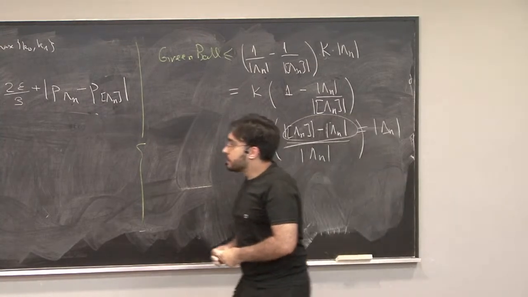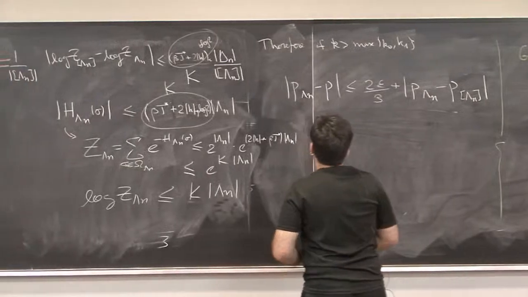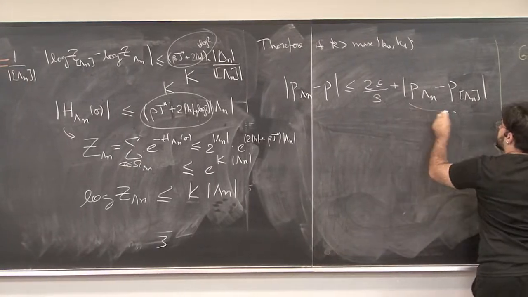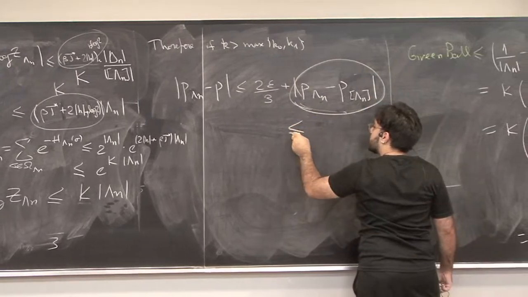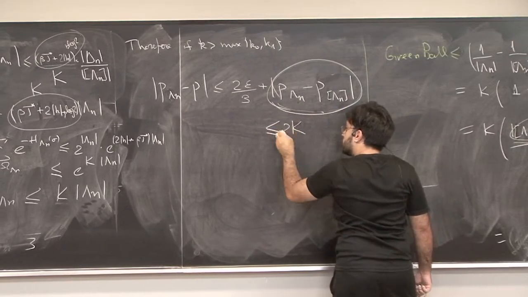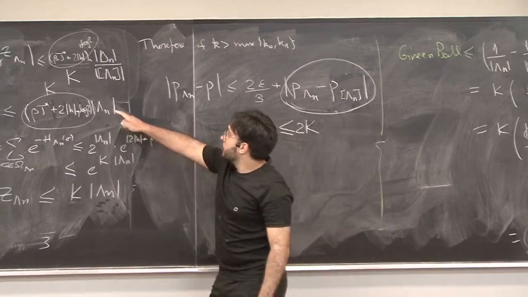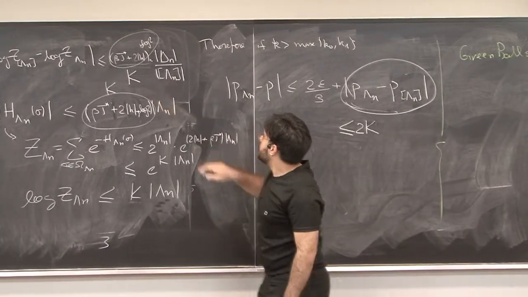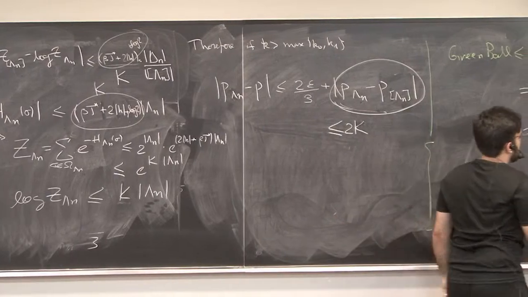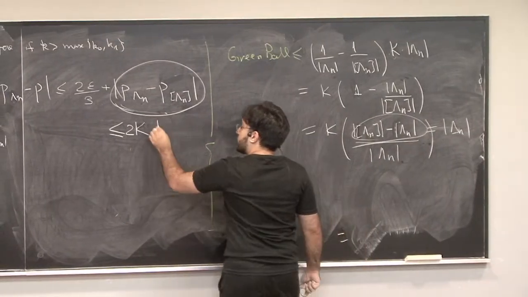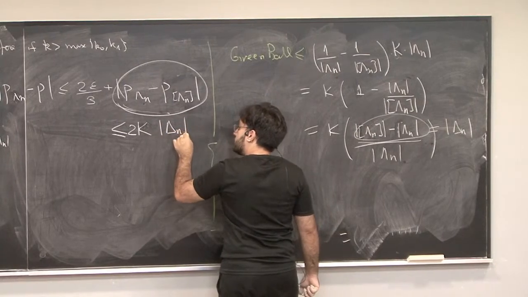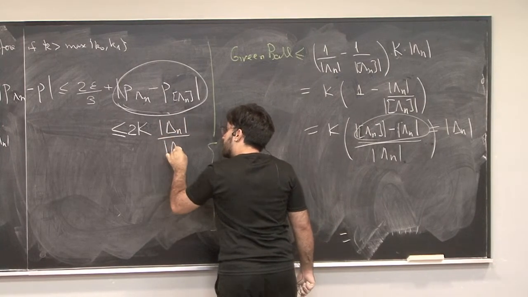So what I got at the end is that this part over here is less than 2K, because I have one term K here and another term K here, times delta n over lambda n.